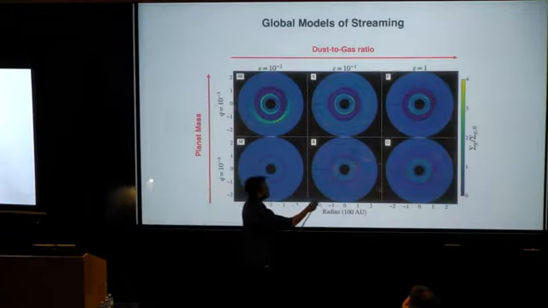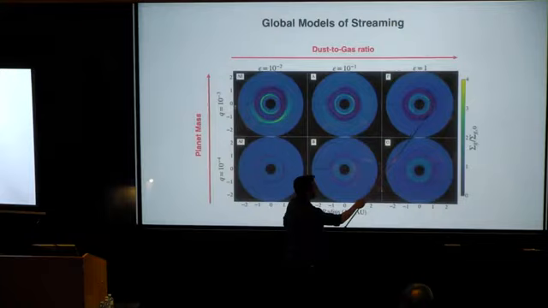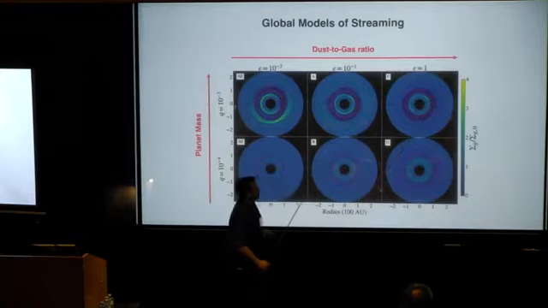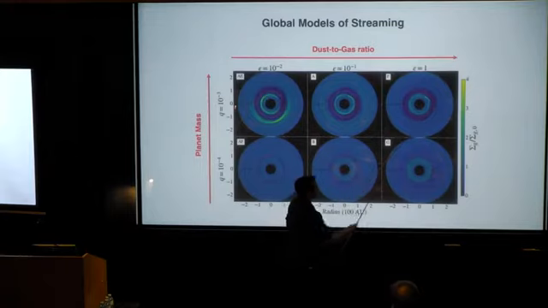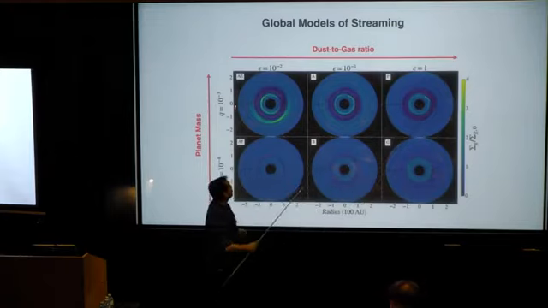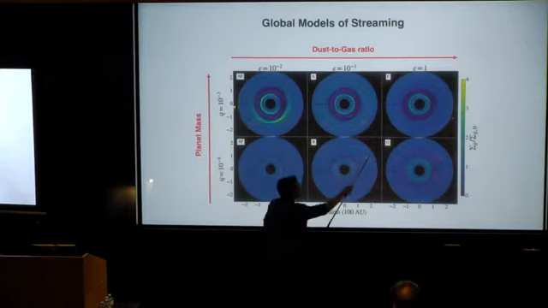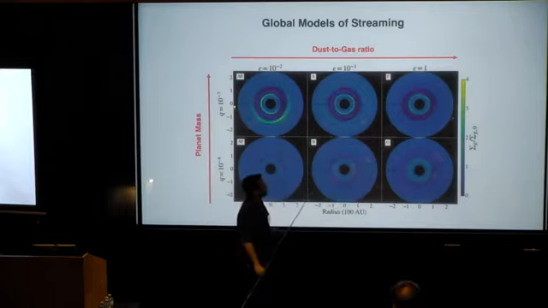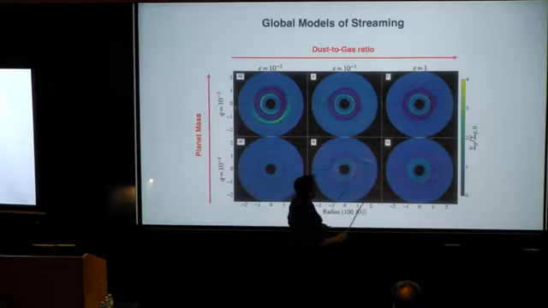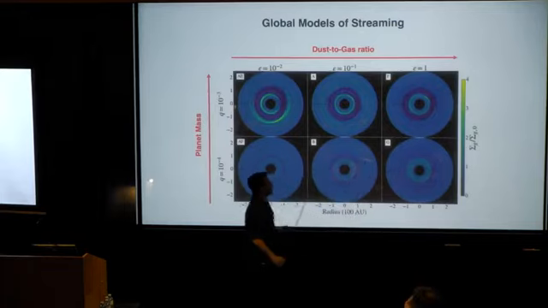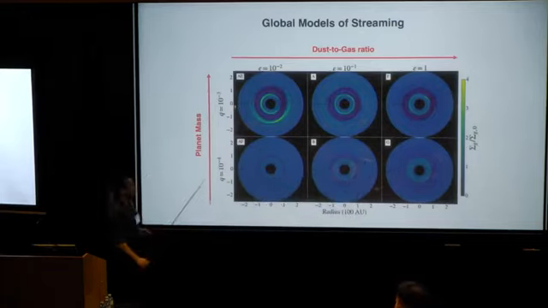But as you go higher, you see that the spiral will break up into something that looks like turbulence. The vortices also seem to change, and the structure of the outer gap also looks turbulent in comparison with this one.